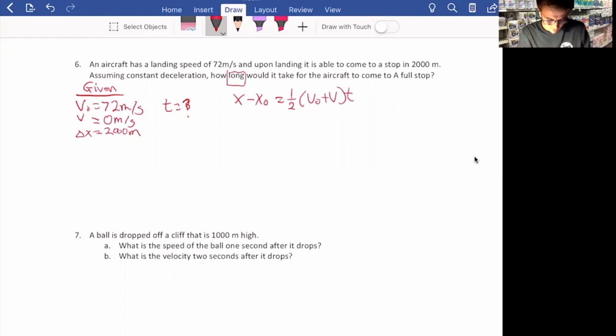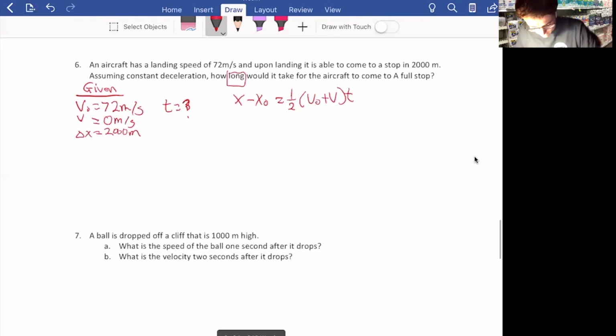Why do we use this equation? Because it doesn't have acceleration in it. All the other ones have acceleration, and you need acceleration to solve them. We use this one because we used the first two equations in our equation list, did a system of equations with them, and found this equation.